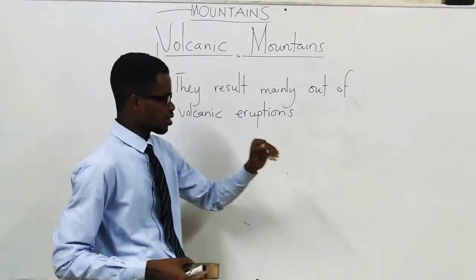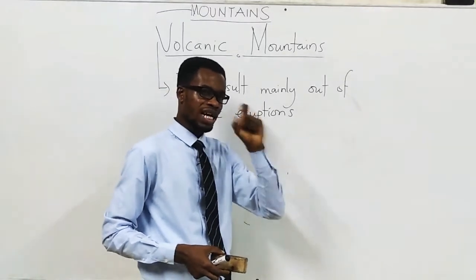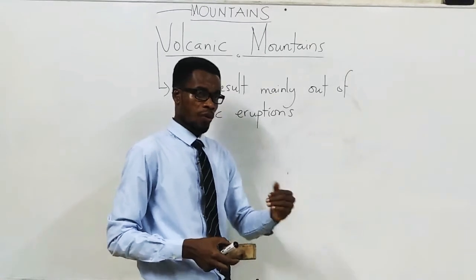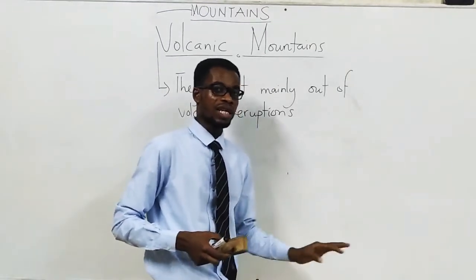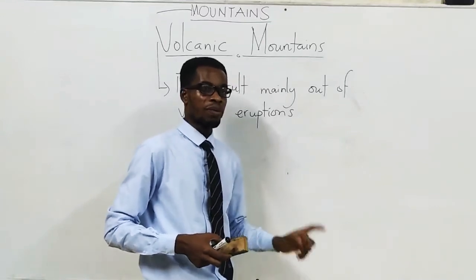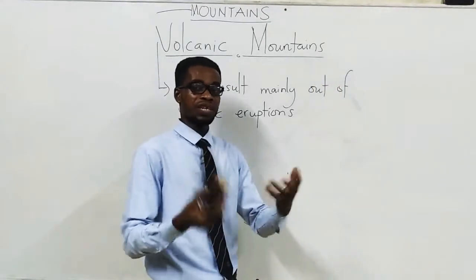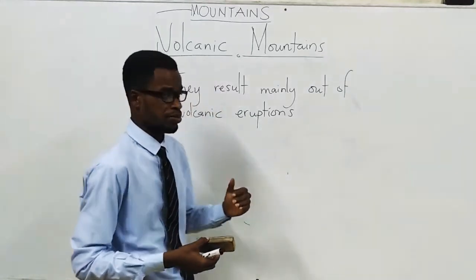Now, if the flowing magma down there comes across any weak layer, it will definitely break through, melt, and force itself up because it's a burning fire and a very, very high temperature.